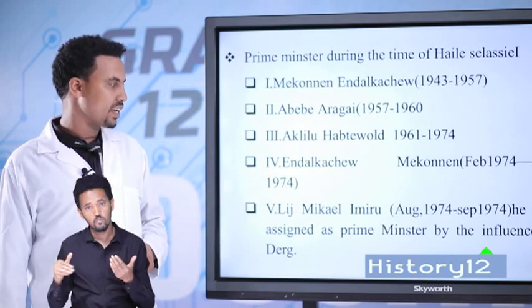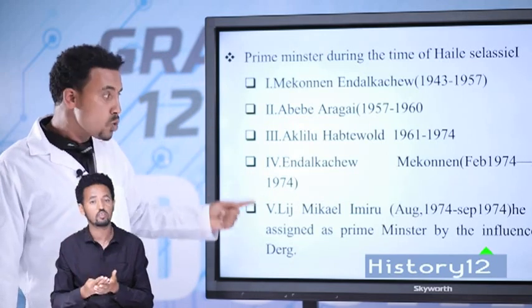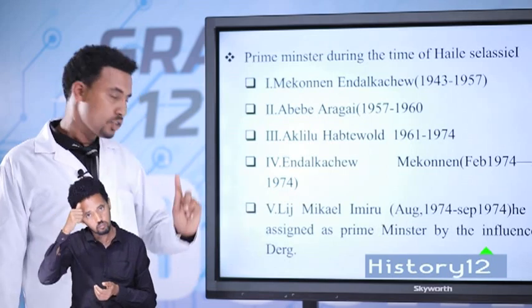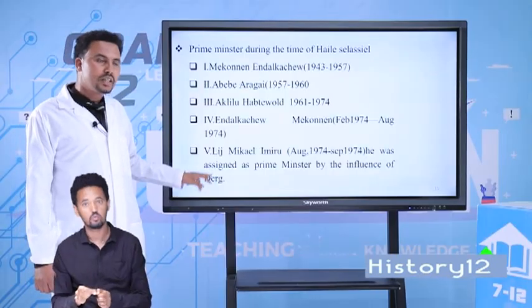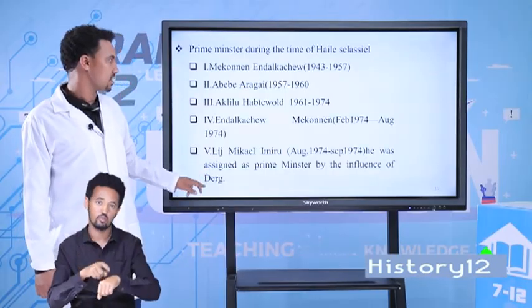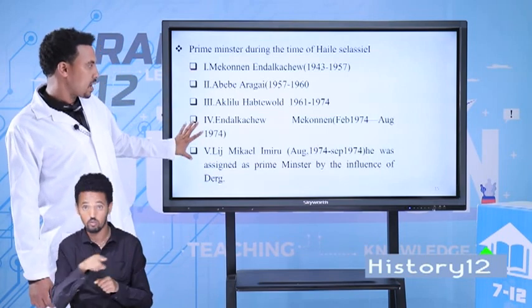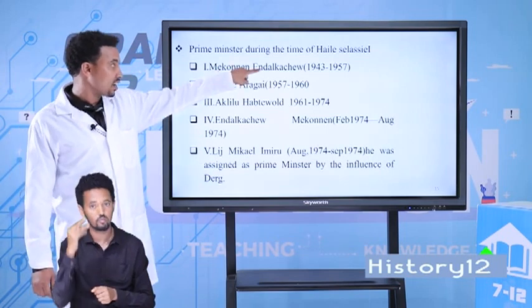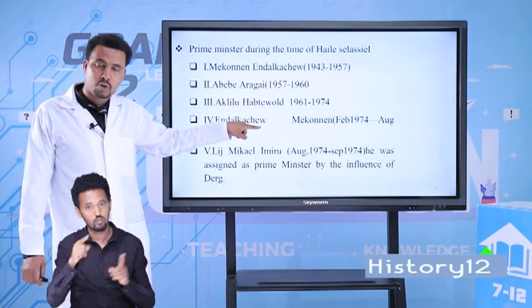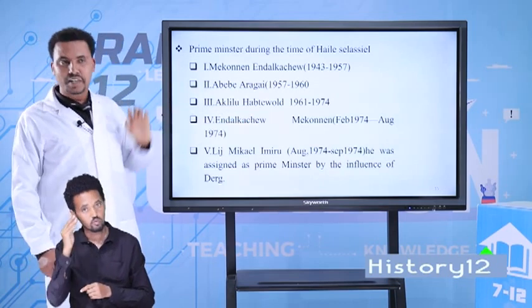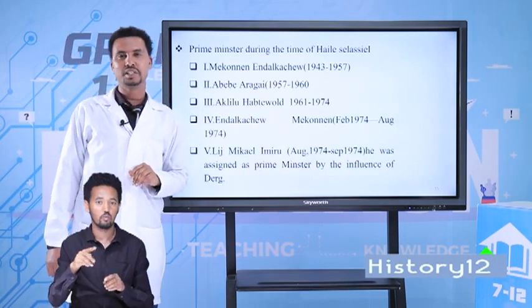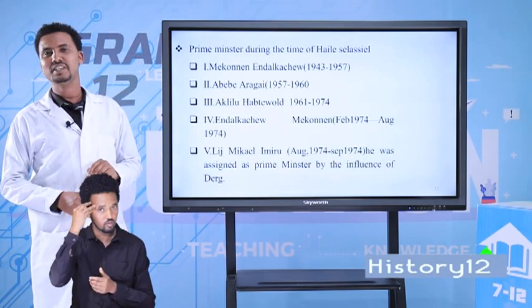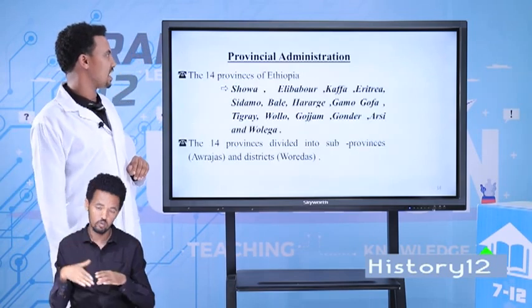The last one, Lij Mikael Imru, was assigned by the influence of the Derg. Those are the prime ministers who led our country, Ethiopia, during the reign of Emperor Haile Selassie.